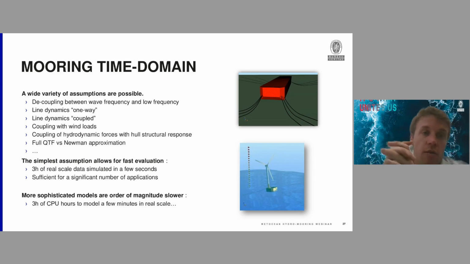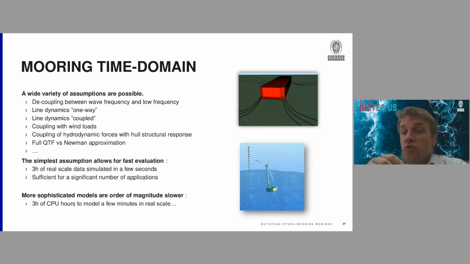Within each time domain software, you will find many options, and those options will correspond to different assumptions made on the physics that you want to model. For instance, you can choose to solve at the same time the wave frequency and the low frequency. You can choose to decouple them.